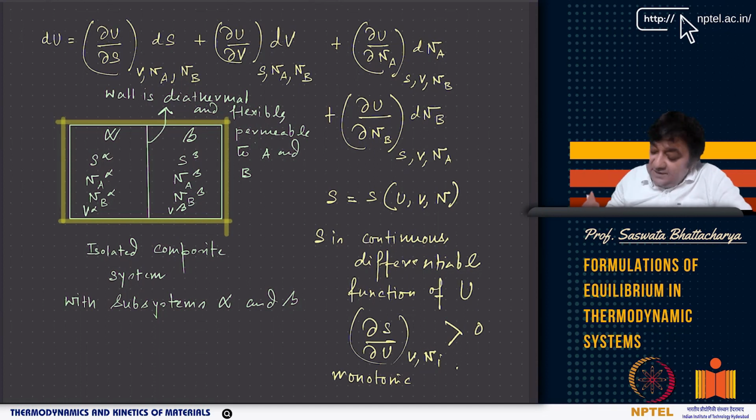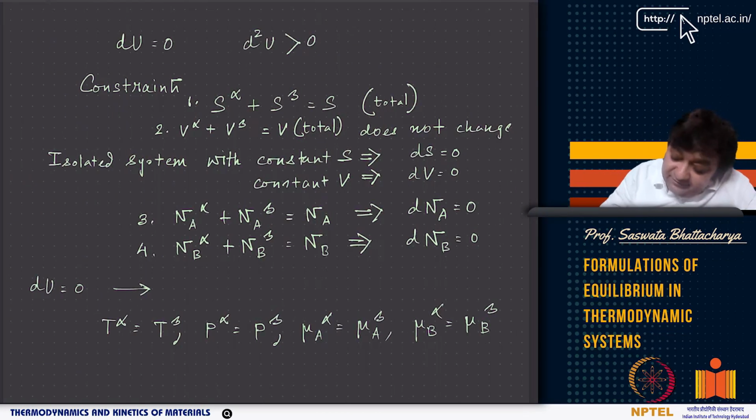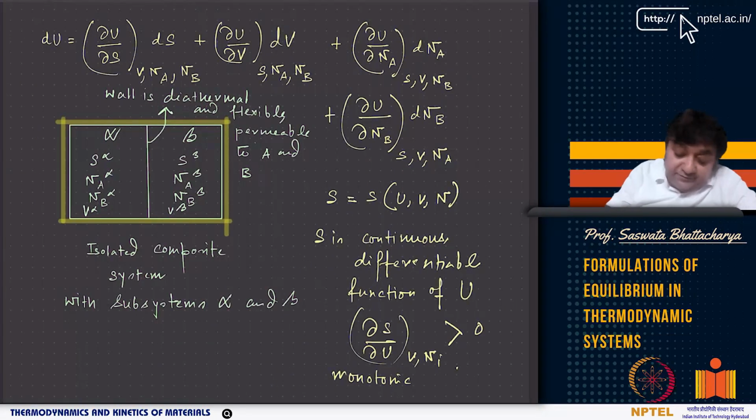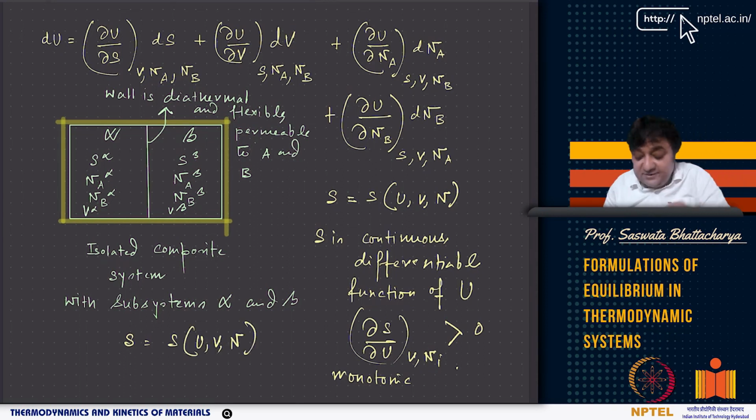So as a result, you can invert the relation, right? So basically, if you have S equal to S(U, V, N), that means entropy is a function of internal energy, extensive parameter volume, extensive parameter number of moles.